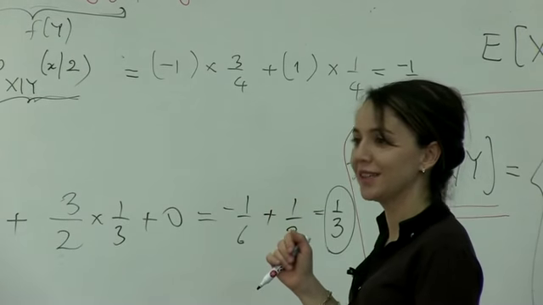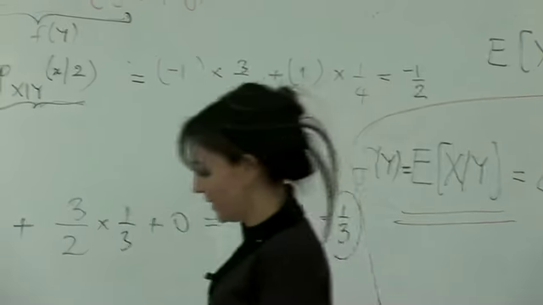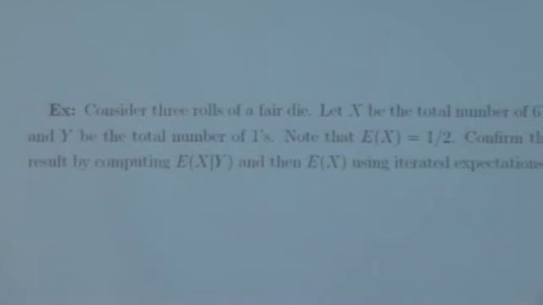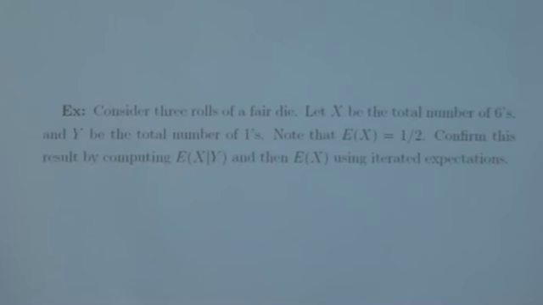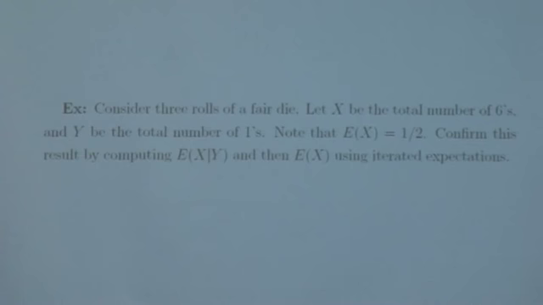Maybe let's do the next one. The next example is actually the same example we did at the end of last lecture. I would like to revisit that example. So I'm considering 3 rolls of a fair die. X is the total number of 6s and Y is the total number of 1s. Before we begin the question, what is the expectation of X, the total number of 6s?